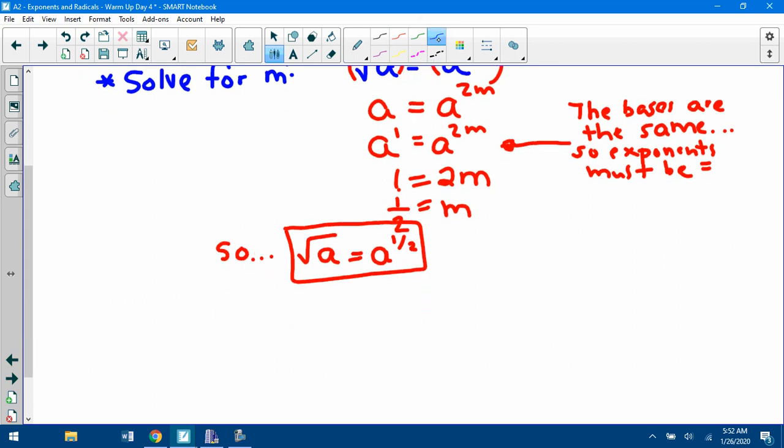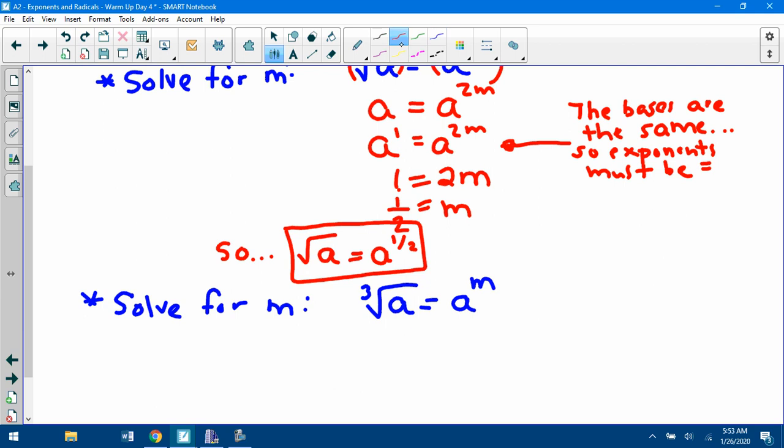Let's try another one. I'm going to say solve for m again. I'm going to use a cube root. Let's say the cube root of a is equal to a to the m. Instead of writing the cube root of a, I want to write a to some exponent, so we have to figure out what m is. What undoes a cube root?